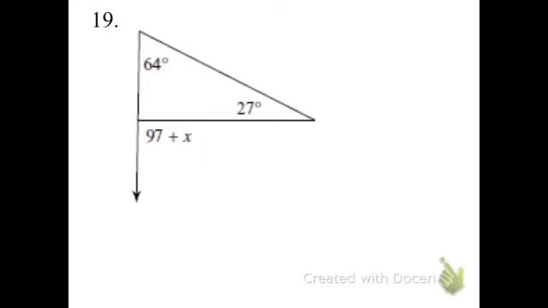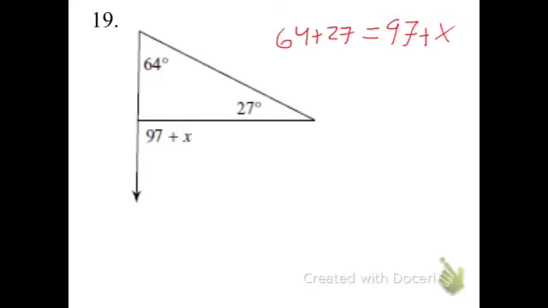On 19, we can actually set up an equation right away. These two angles by the exterior angle theorem add up to be that guy. And so that's going to be my equation. 64 plus 27 equals the exterior angle of 97 plus x.